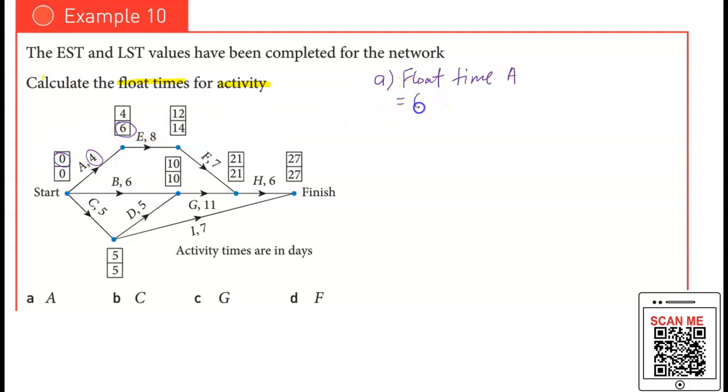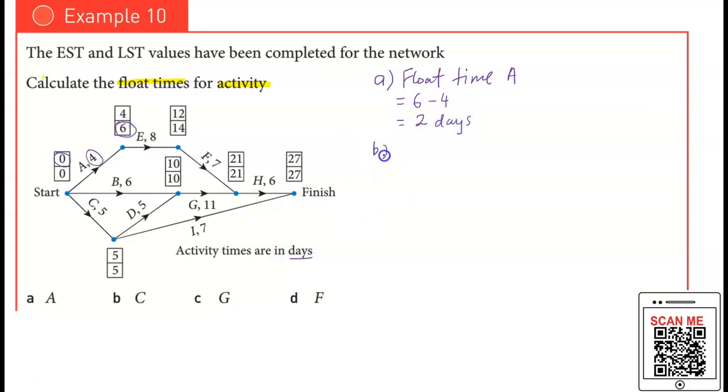So I'm going to use 6 minus 4 minus 0, which you know is the same that I don't have to write here. Then it becomes 2. What is the unit given? It is 2 days.